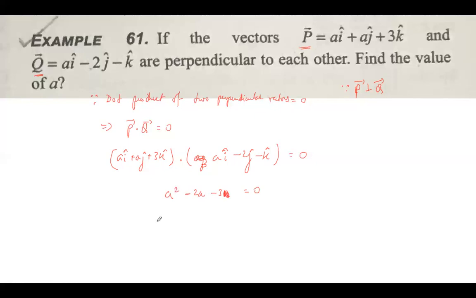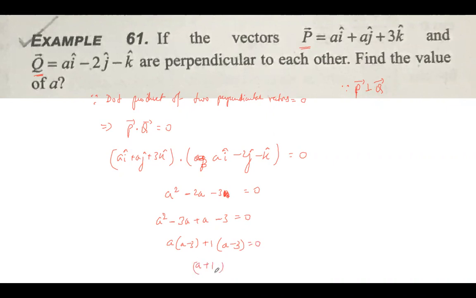Now if you solve this, this is a quadratic equation, right? Where A square minus 2A minus 3 is 0. You can do the middle term split here. A square minus 3A plus A minus 3 is 0. So you will get A into A minus 3 plus 1 into A minus 3 is 0.